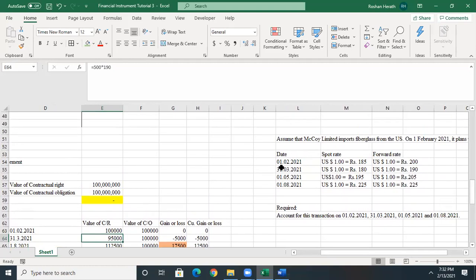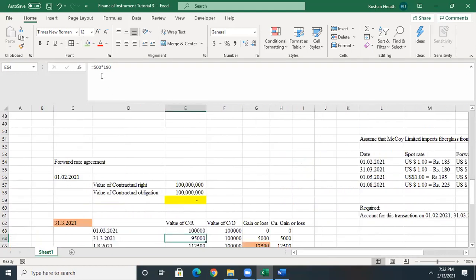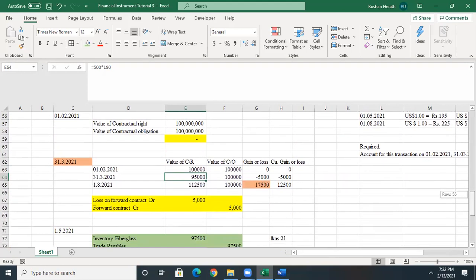The forward rate at 31st March is 190. If you take 190 into 500, this is the value of your contract now. So the contract value is 95,000. The obligation is 100,000. Since the obligation is greater than the right, it's a loss, 5,000.